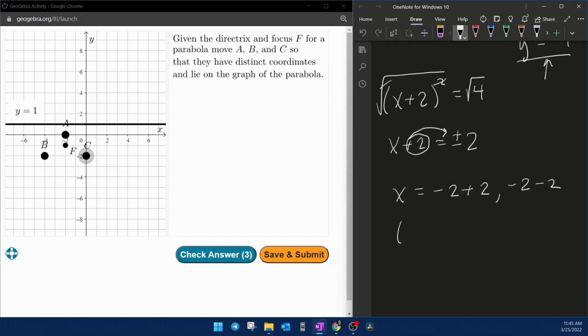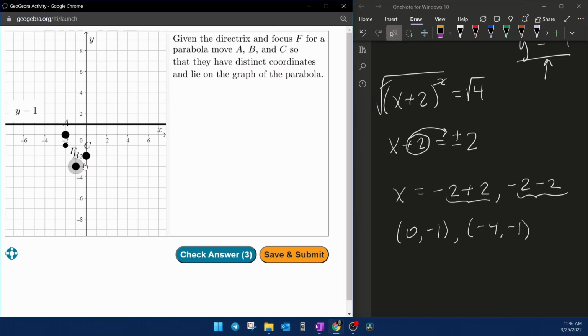So I'm going to have ordered pairs of (0, -1) and (-4, -1). And now I know where to put these other 2 points on the graph: at (0, -1) and at (-4, -1).